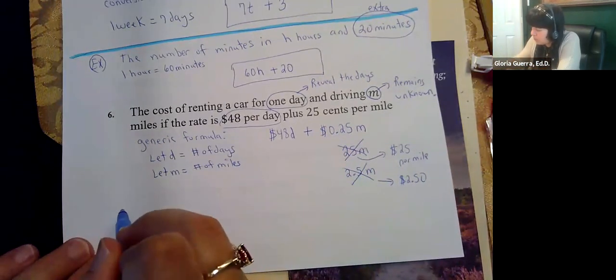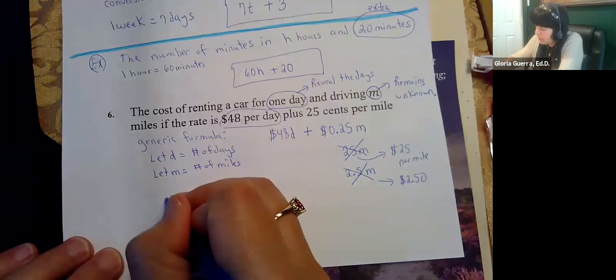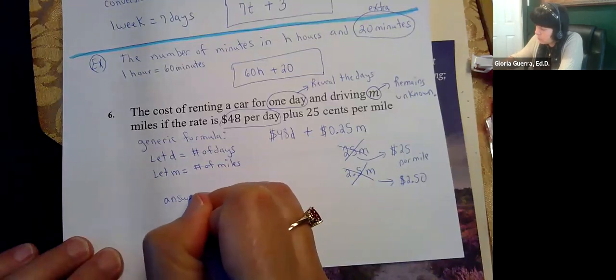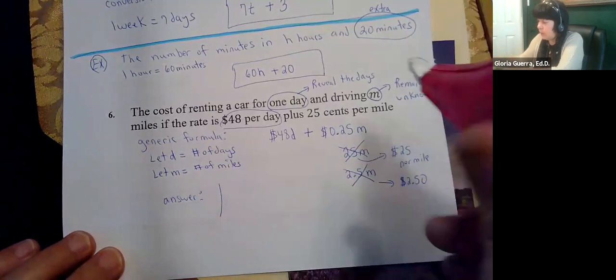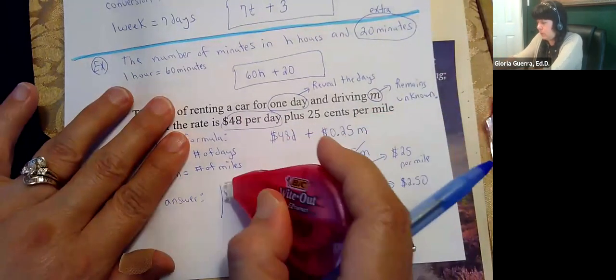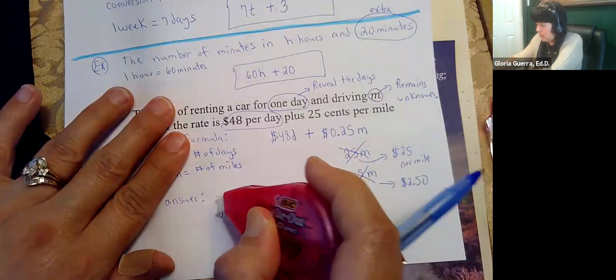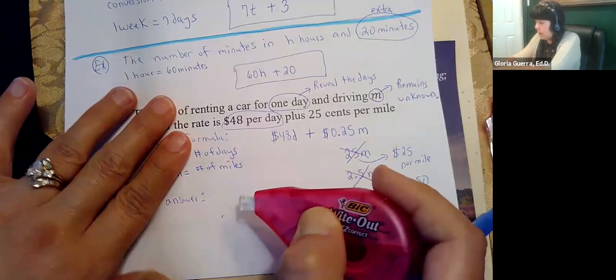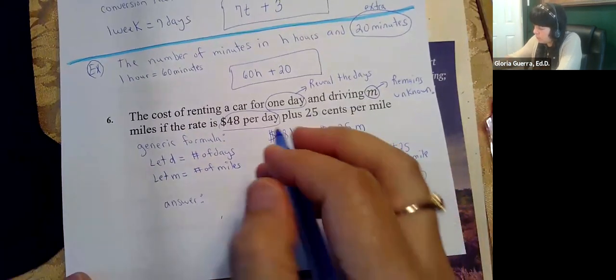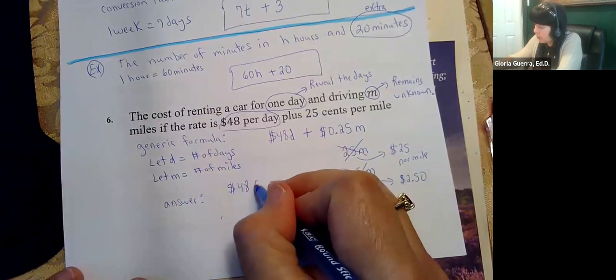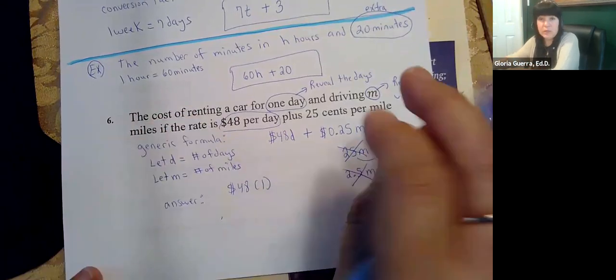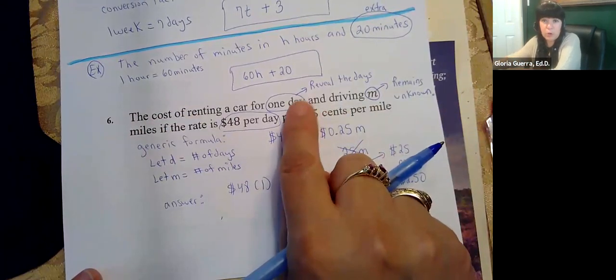Okay, so now for our problem, our answer, there's a couple of steps here, or substitutions. For our answer, we have 48 times 1, because they did tell us we were going to rent the car for 1 day.